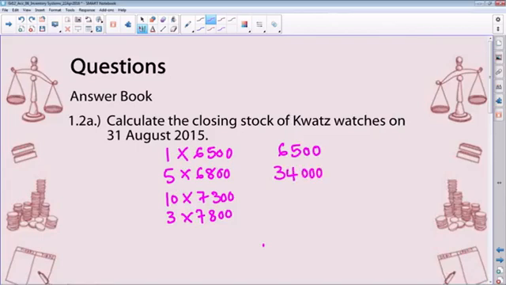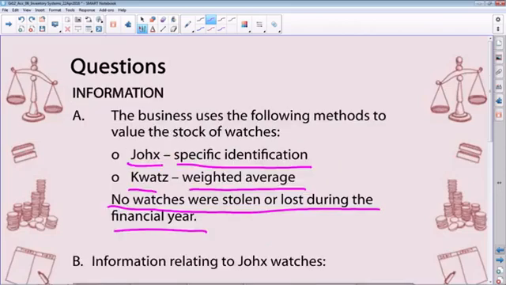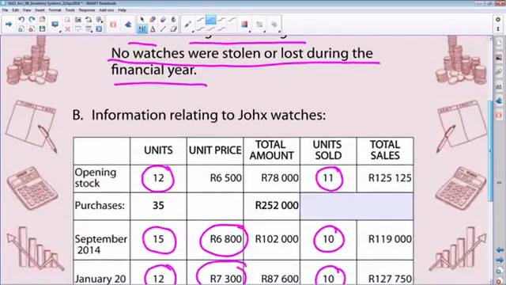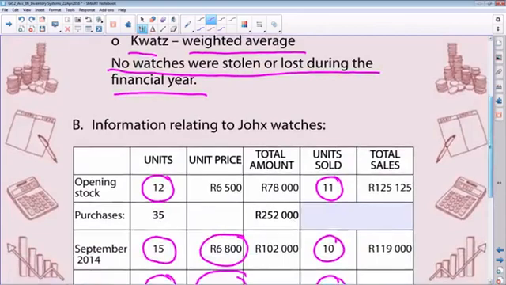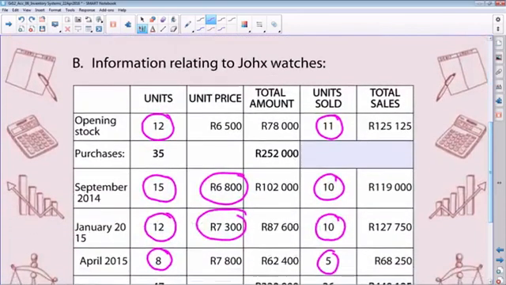Then we had 10 at 7,300, which will give me a value of 73,000. Let me just check that one, because let's just see if we got it correct. Nope, so we definitely got it wrong. Let's check here. We had sold 10, but we purchased 12.